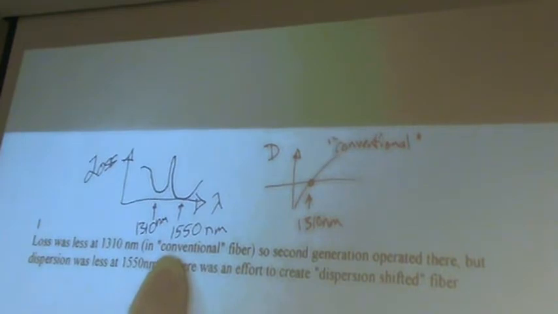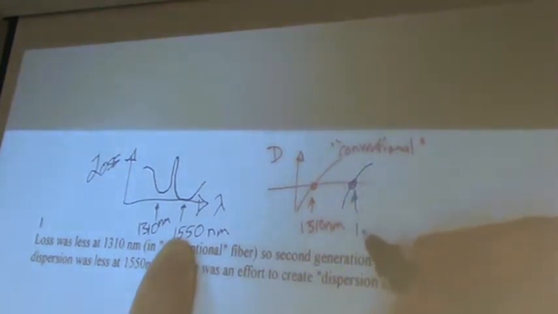So they said, nope, we'll go with 1310. But because the loss was less over here, they wanted to go to 1550, and so they ended up creating this dispersion shifted fiber that has a zero dispersion wavelength at 1550 nanometers.